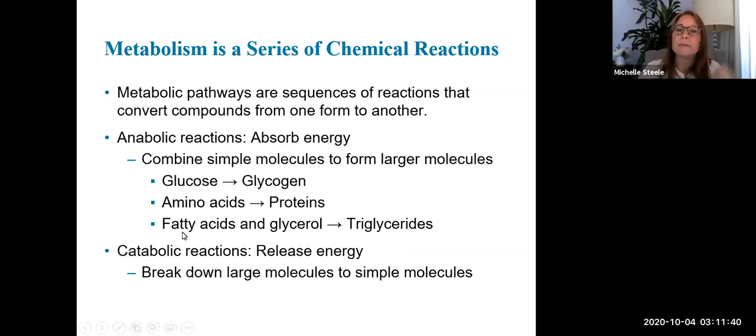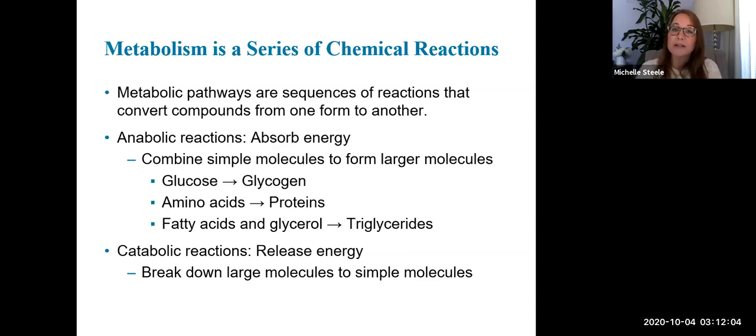Same thing when we take amino acids and create big proteins from them, that's going to take energy. And fatty acids and glycerol, storing those as triglycerides, again, it's consuming energy in order to create that anabolic reaction.